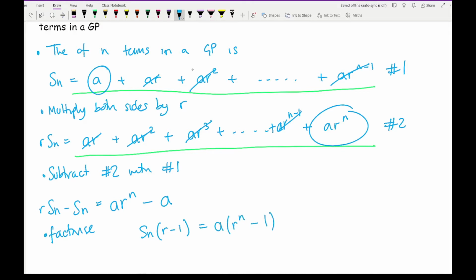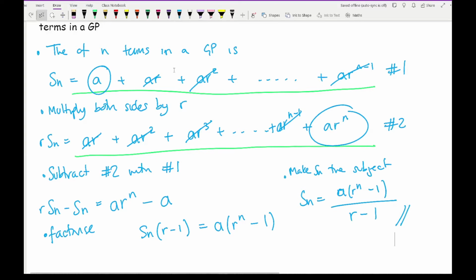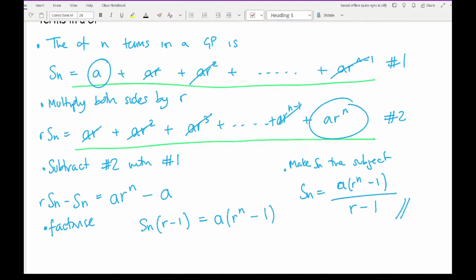And then from this, I can make Sn the subject by taking that left hand bracket over to the other side. So what I end up with is Sn equals a times r to the power of n minus 1 over r minus 1, and there I have derived the formula for the sum of n terms.